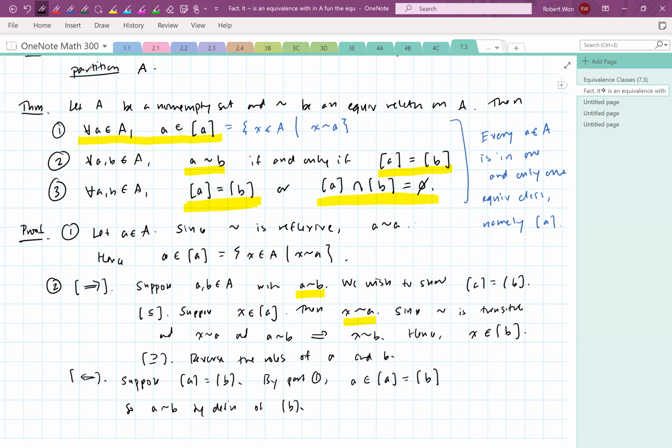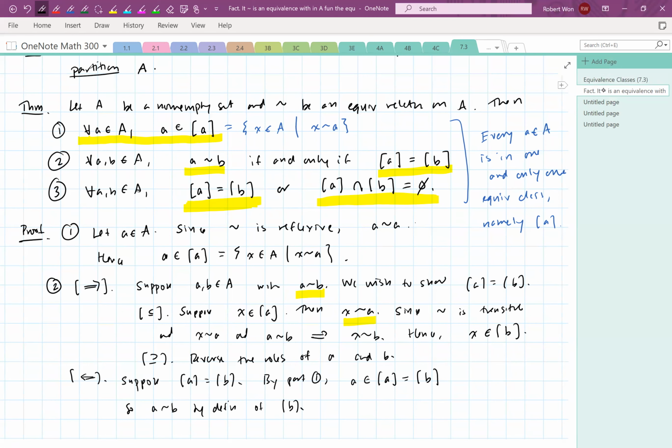And three, for every V and W in C, either V equals W or V intersect W equals the empty set. This says that if you look at all of these sets inside of your collection of subsets, they don't overlap.